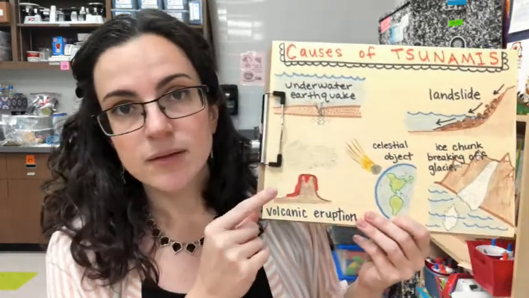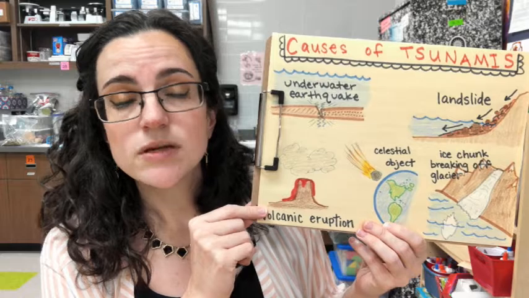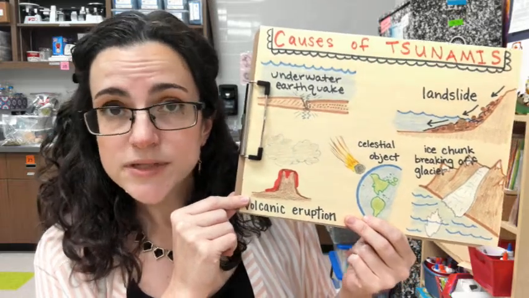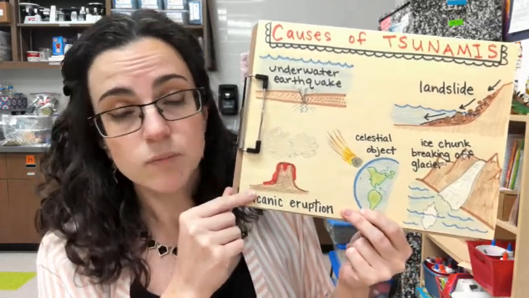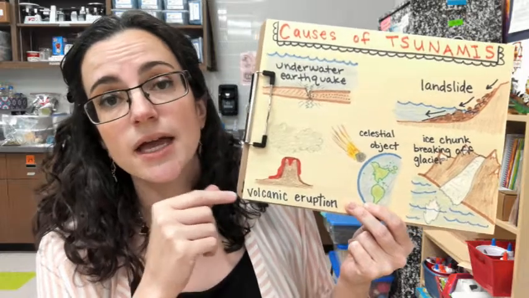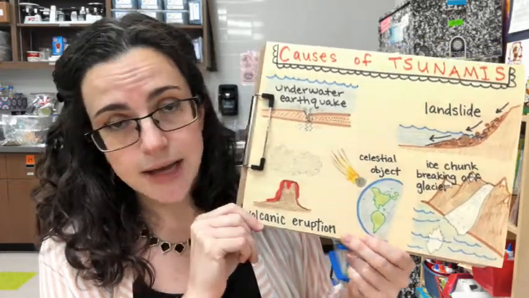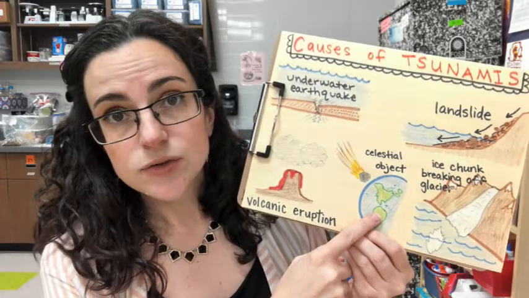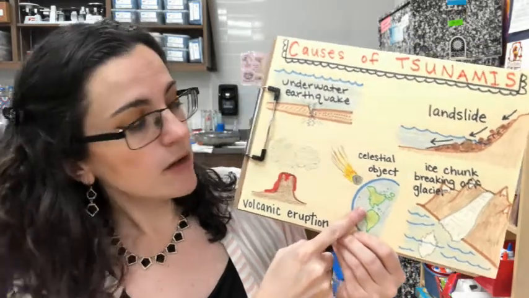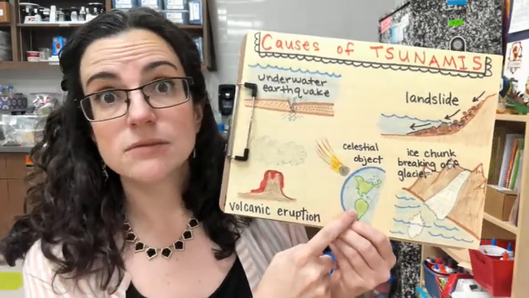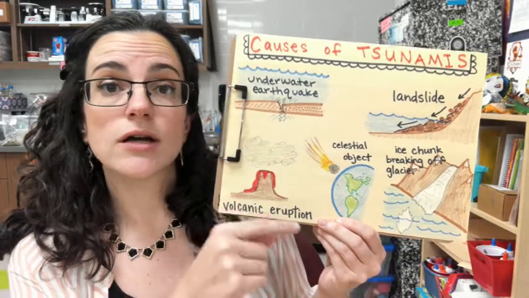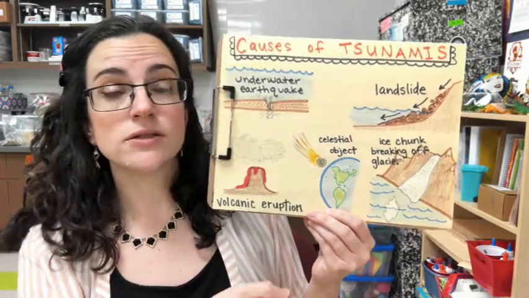Another example might be a volcano erupting, because we know when volcanoes erupt, they usually cause earthquakes and usually cause landslides.